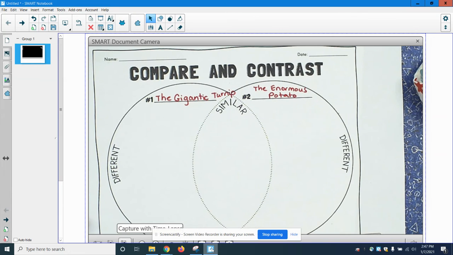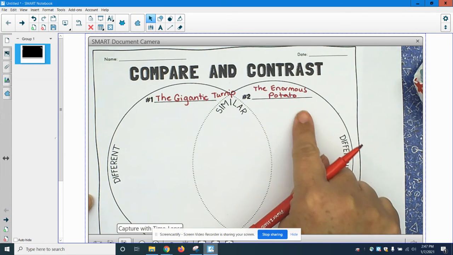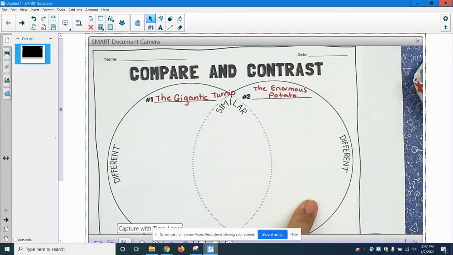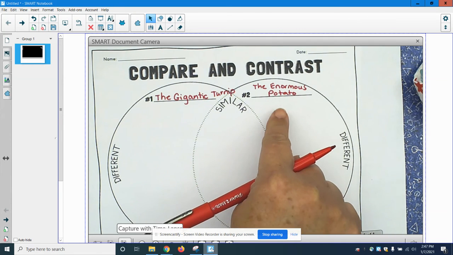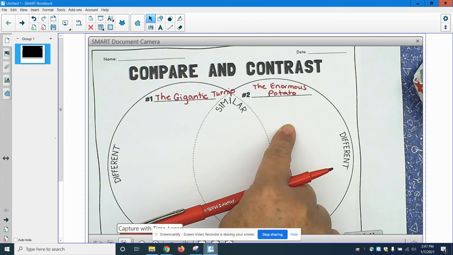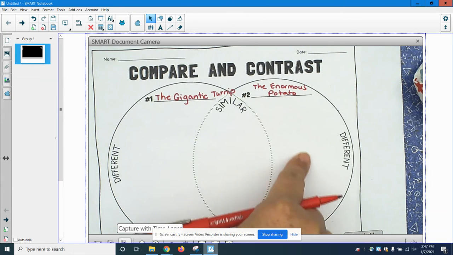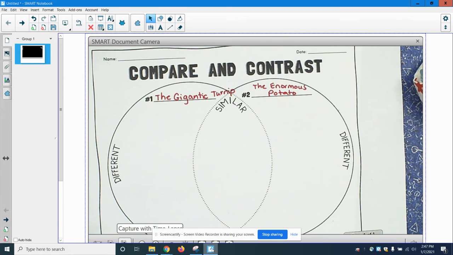So I want you to think about, how is this one different from this one? Well, one idea is that the gigantic turnip had a what? A turnip. What was different on the enormous potato? It had a potato. How were they both similar?